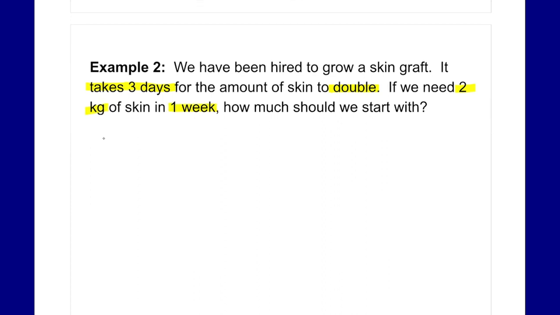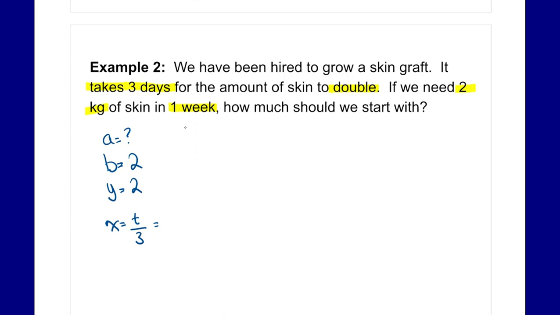So let's write down our variables. A, we don't know. We're looking for that initial amount. B, we know is 2 because it doubles. Y is also going to be 2 because of the 2 kilograms that we need. And X is going to be our total time divided by the growth period, which is in this case 3 days.